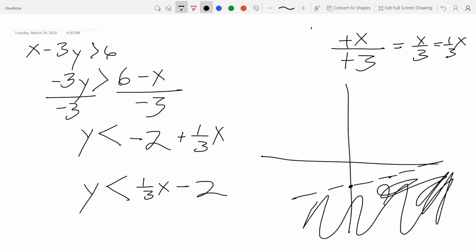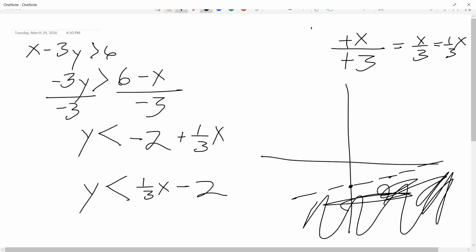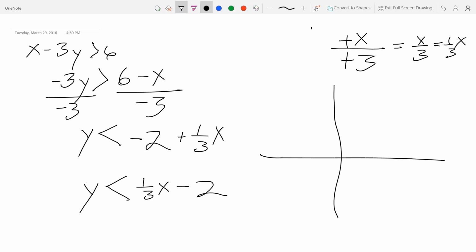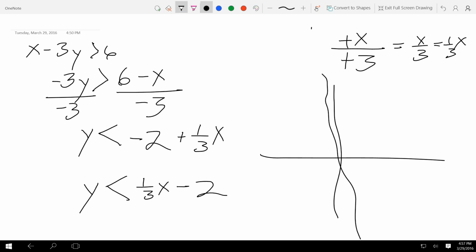Easiest way on the shading is just to always, in other words, these are relatively easy for shading, but I'll give you one that's not quite as easy. That's a straight line, okay?